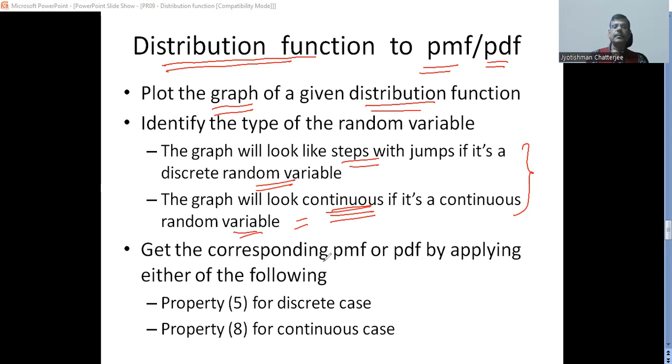And then, if it is discrete, we apply property 5 to get the probability mass function. What is property 5? It tells you the probability of capital X equal to small a. Remember, when it is a discrete case, we need to get the probability of X taking individual values, that is, the probability of capital X equal to small a for different small a values.